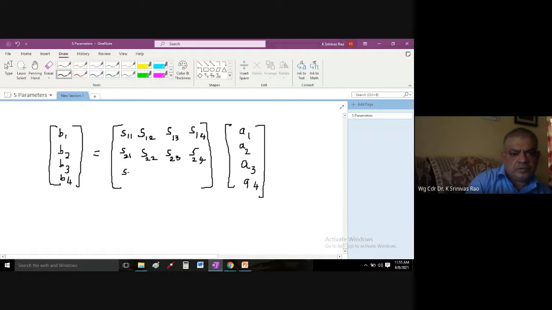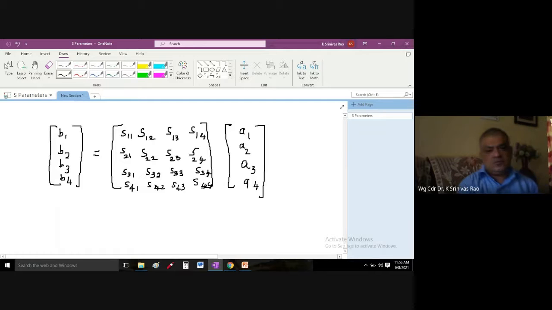Then we have S31, S32, S33, S34. Then we have S41, S42, S43, S44. So this gives you the S parameters. This is the S matrix, the S parameter matrix.